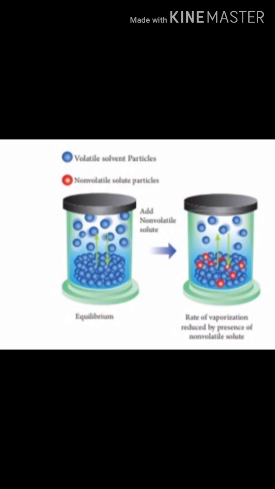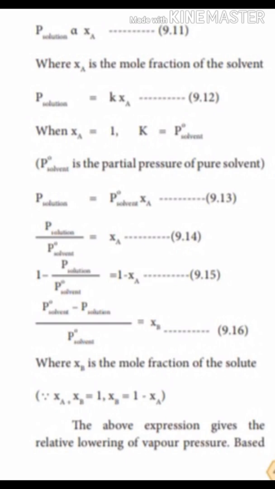P of solution is proportional to XA, where XA is the mole fraction of the solvent. P solution is equal to a constant K times XA.